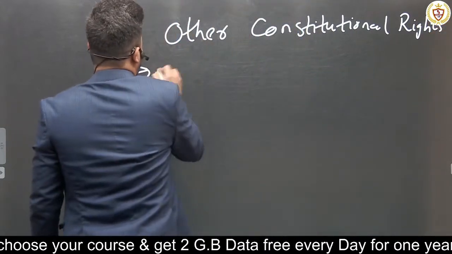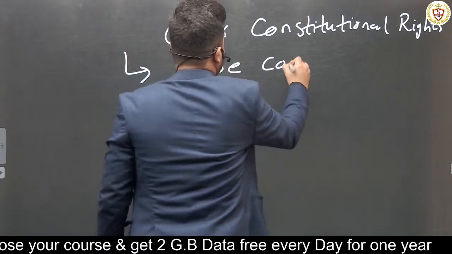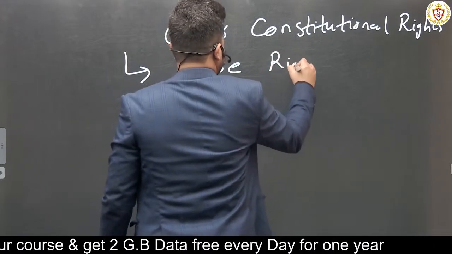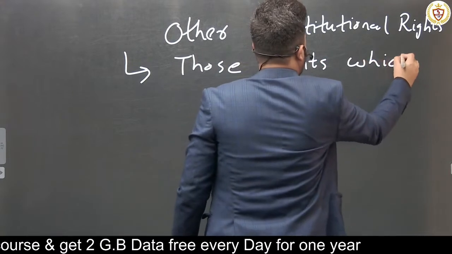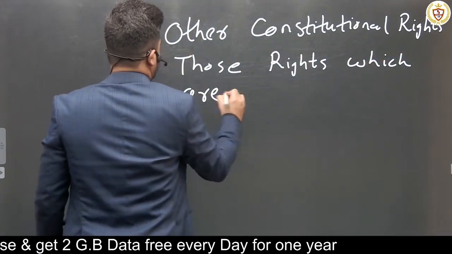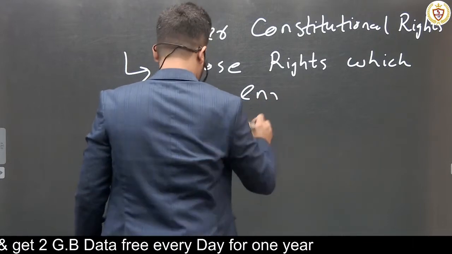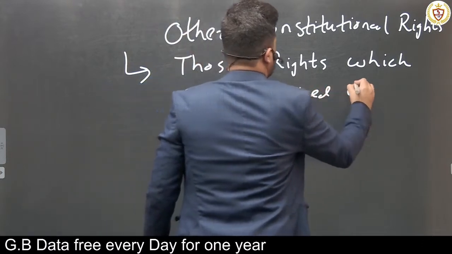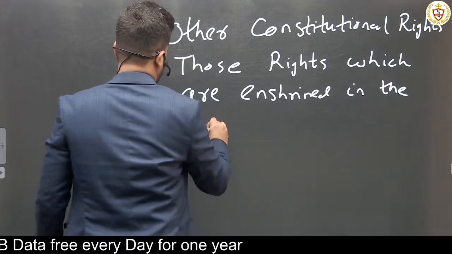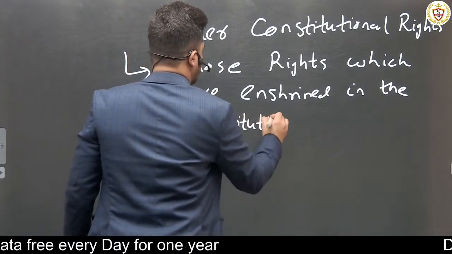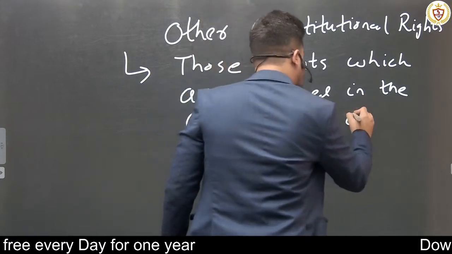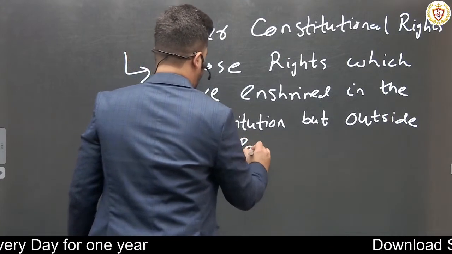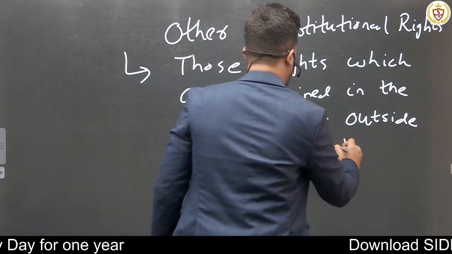Now, other constitutional rights are those constitutional rights, those rights which are enshrined in the Constitution, but where? Outside the Part 3 of the Constitution.